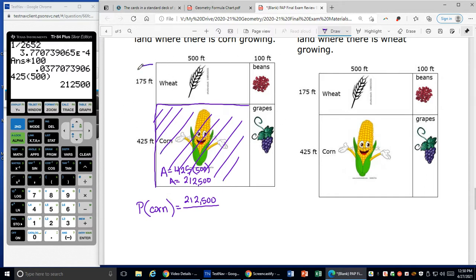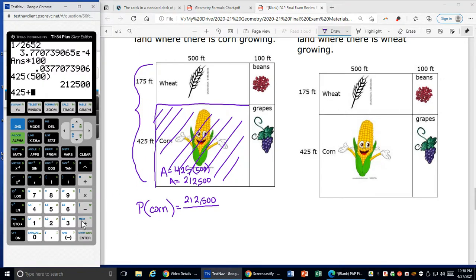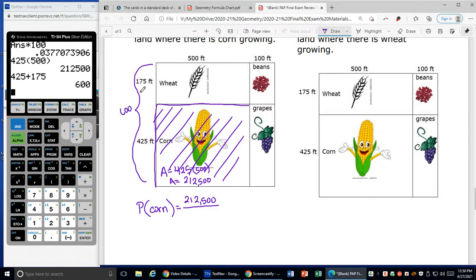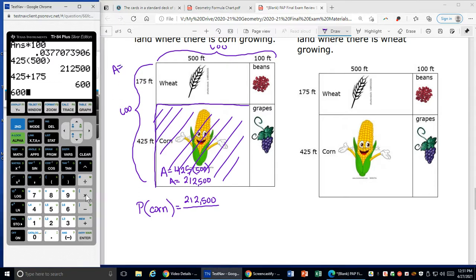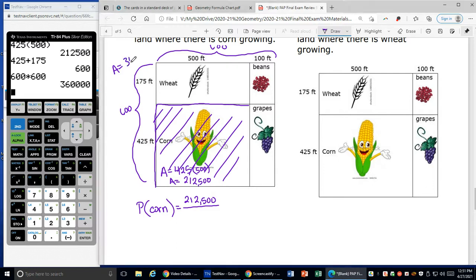So that's going to be 425 plus 175 is 600. And 500 plus 100 is also 600. So we have a square field, 600 by 600. So the area of the field is 600 times 600, or 600 squared, which is 360,000 square feet.